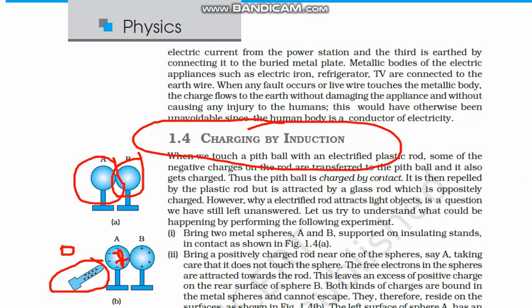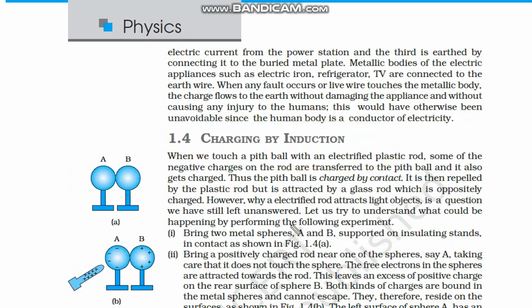But here we are not going to touch, we are bringing it very close but not touching. Similarly to magnets, which attract or repel each other from a little distance, the charges induce another type of charges.